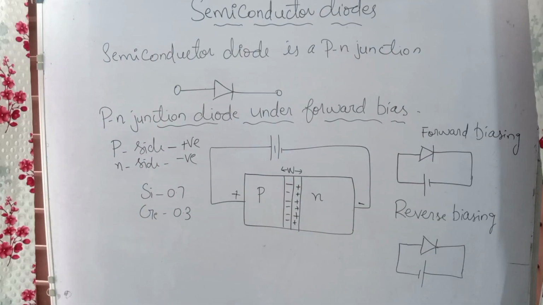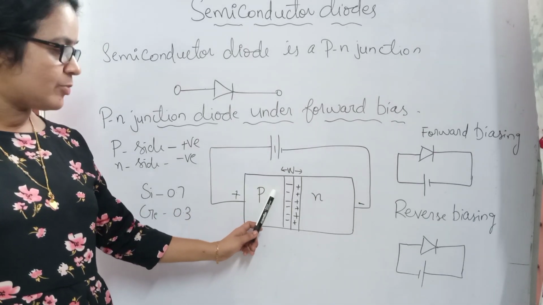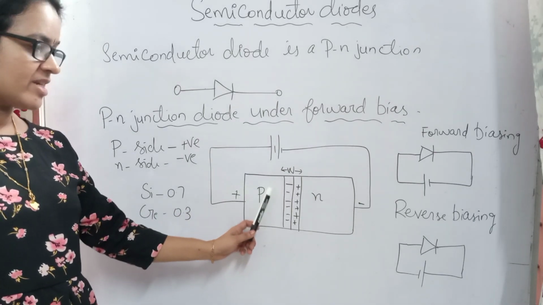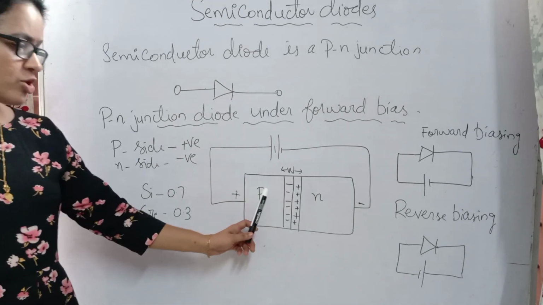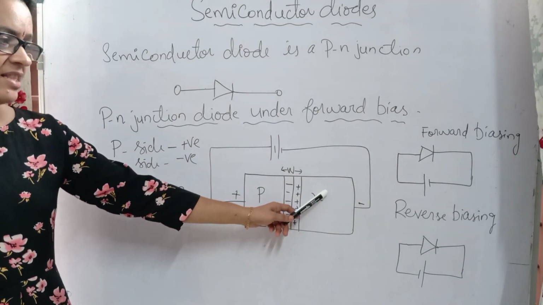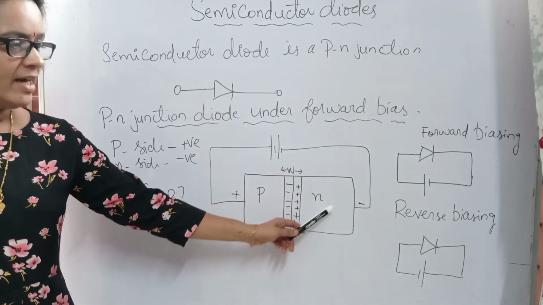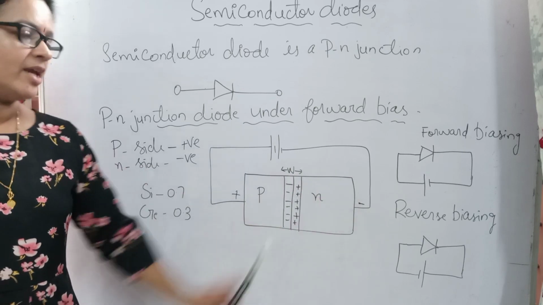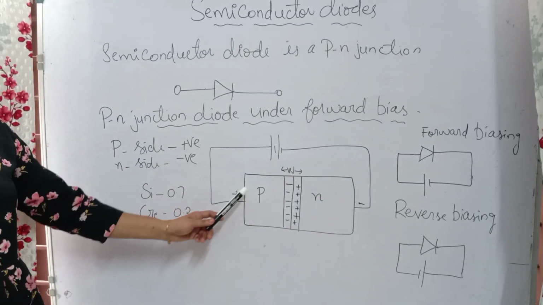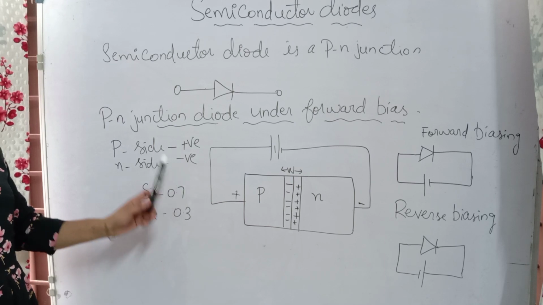Understand it clearly. So what will happen here? This positive charge will be repelled by these positive charges, right? Here the majority charge carriers are positive, so this will be repelling this positive charge, and here also the majority is negative, so that will repel this negative charge. Okay, so suppose we are giving a potential more than 0.7, what will happen?